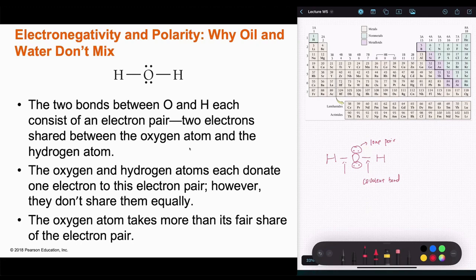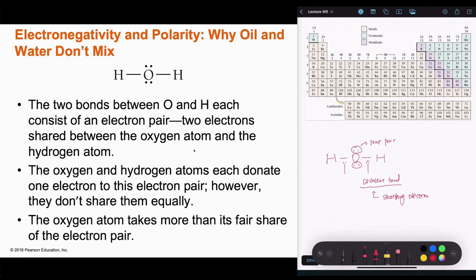As we mentioned on Tuesday, a covalent bond is the result of two atoms sharing electrons. An ionic bond is because of electron transfer; a covalent bond is because of electron sharing. But the oxygen and hydrogen atoms each donate just one electron to this electron pair, and they don't share them equally.